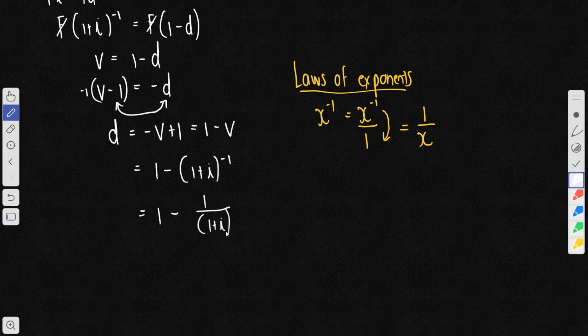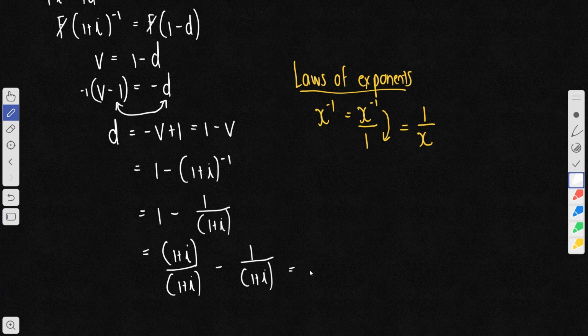So we can rewrite this as 1 minus 1 divided by 1 plus i. To simplify the right-hand side of the equation, we need both numbers to be fractions with the same denominator. A number divided by itself is just 1, so we can rewrite the first term as 1 plus i divided by 1 plus i to ensure that we now have the same denominators. The second term will remain 1 over 1 plus i.